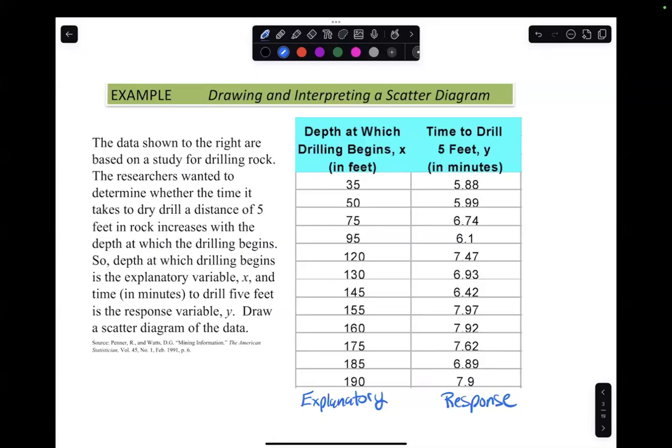If I don't start drilling, then there's no time to happen. If I don't start drilling, we don't have a time to drill 5 feet. So the time to drill is dependent on the depth at which I started drilling. Okay.